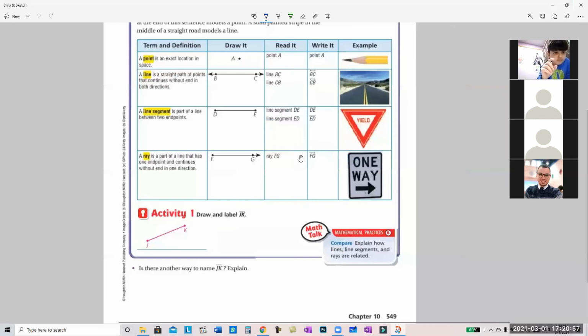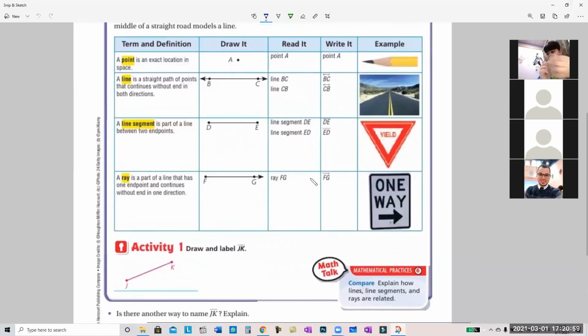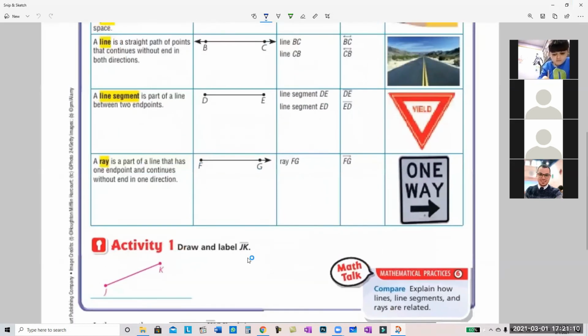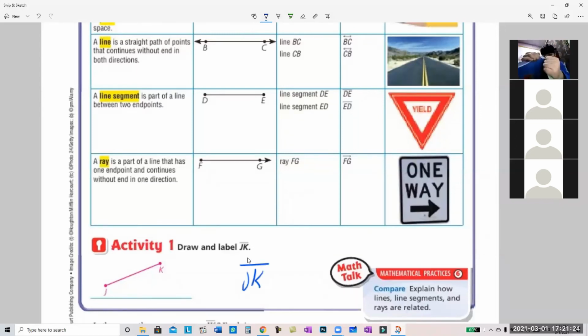Mister, if you forget to write the small line above, like JK, it will be wrong. Yeah, because the line up here determines the type of the line, according to the small figure above it. So as you see here, we have JK. This is called the line segment JK, right? Yes.